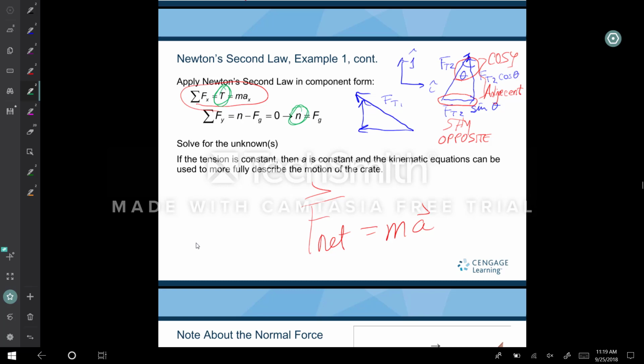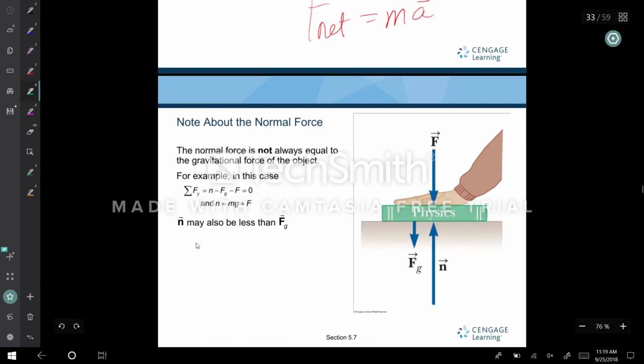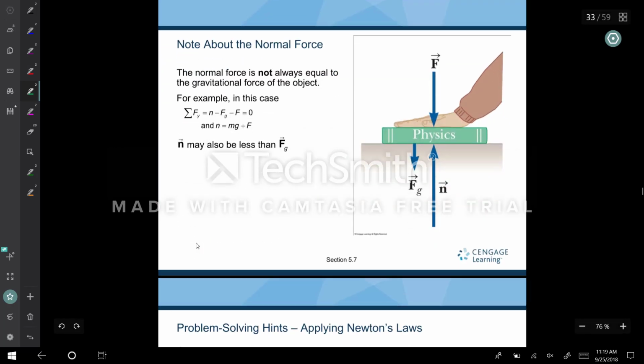So, what happens if you apply a force to the top of a book? Well, by itself, the book might have what? Good, F sub n.